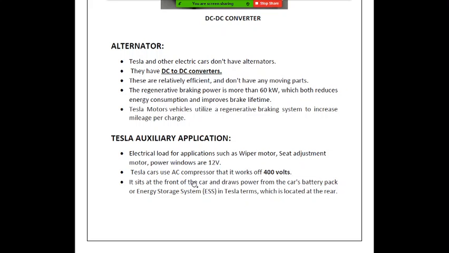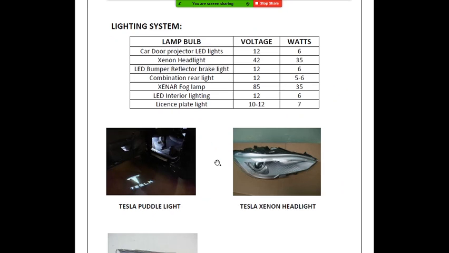I told you that this AC compressor may get its power from the battery, which is why it is mounted in the front part of the car. So it can get its power from the battery pack, or the energy storage system in Tesla terms. So the AC compressor gets its power from the main battery pack.